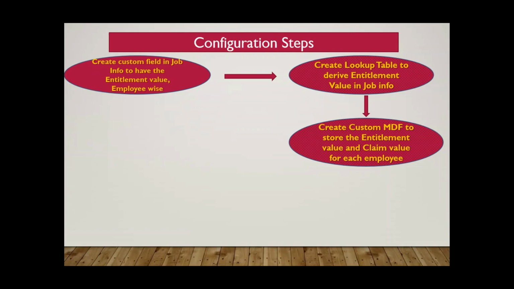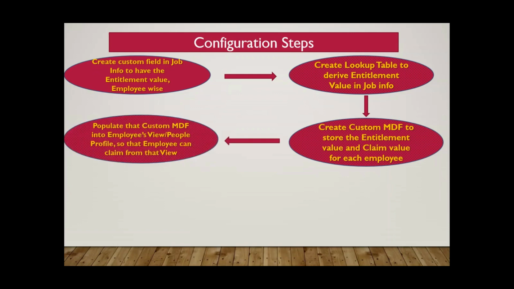You need to store that kind of information because from an admin or management perspective, using reports, they might want to view it by end of year or mid year, right? So that is the purpose: to store all of this information and to present a claim UI to employees, we need a custom MDF. So we need to create that.